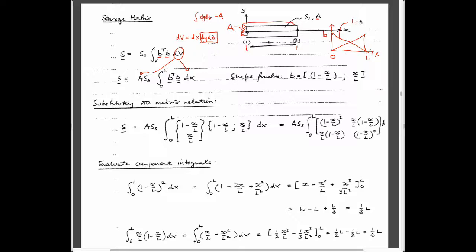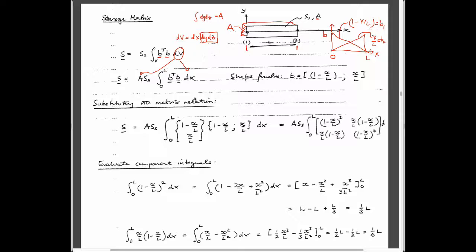This is 1 minus x over L, and this is x over L, which is equal to b2. So probably doesn't hurt to repeat these things. They're just these linear shape functions, just like the r shape functions, but they're just written in terms of x.